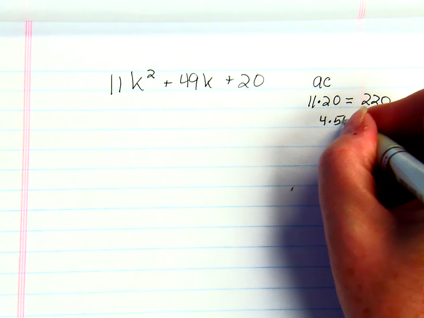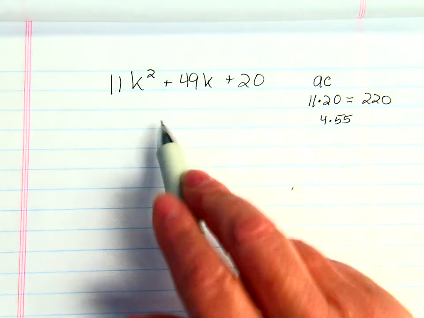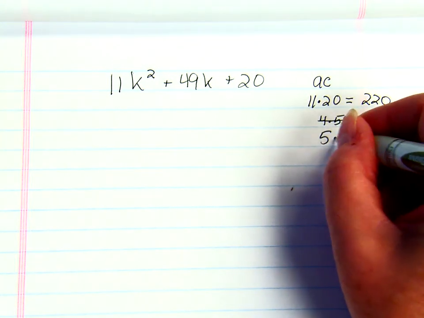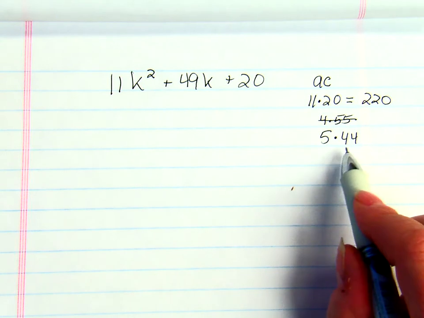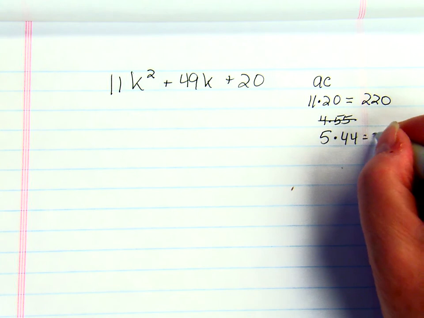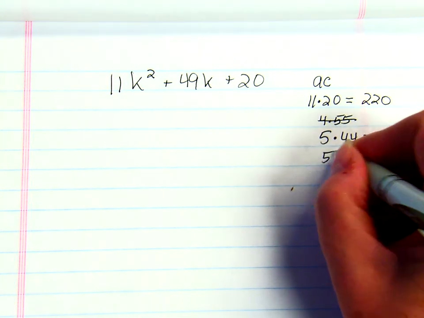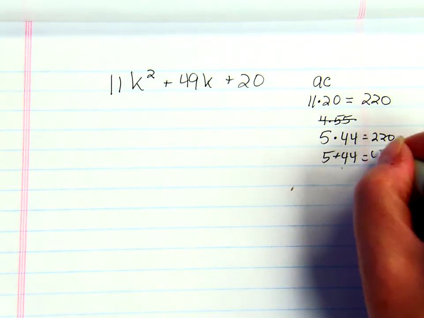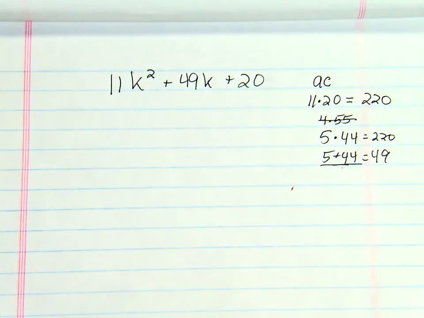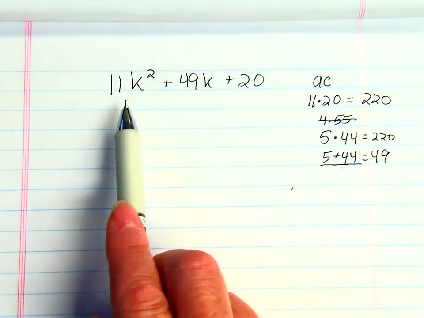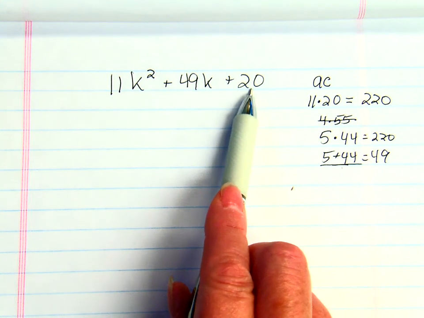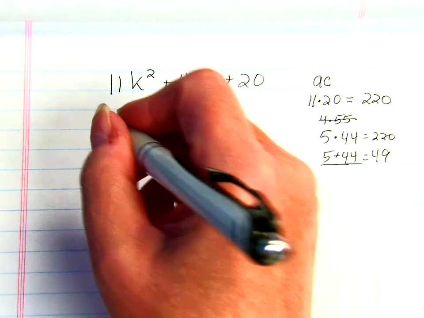So 4 times 55, but these are all positive, so I have to add those, and those don't work. But when I go to 5 times 44, that equals the 220, and 5 plus 44 equals 49. So there are my magic numbers, 5 and 44. I'm going to put the 44 with my 11 and my 5 with the 20.